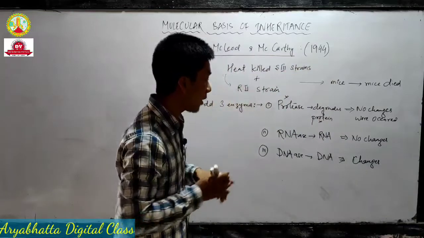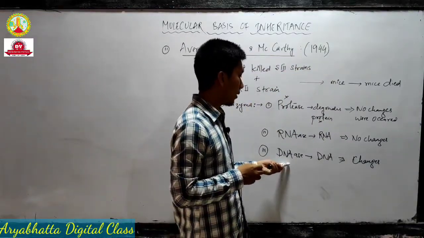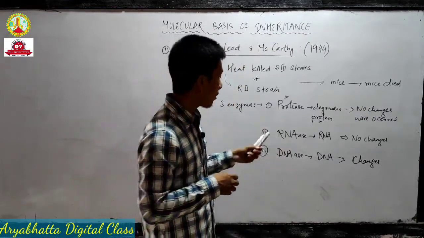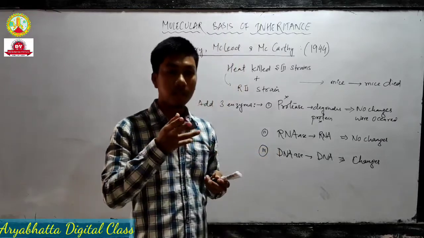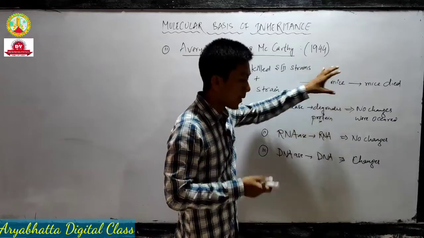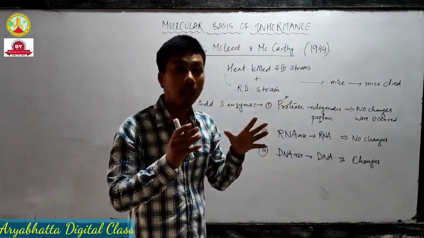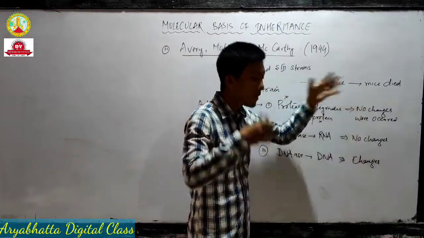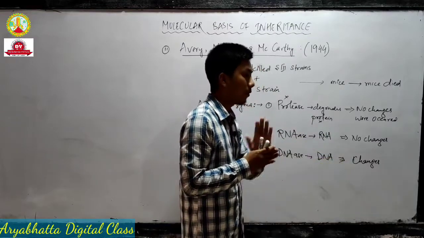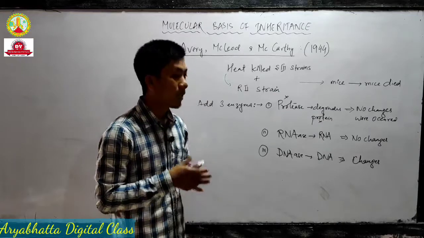When they injected the DNase enzyme, it degraded the DNA and broke down the DNA molecule. So ultimately, the pathogenic DNA wouldn't be able to cause any disease in the living mice. So the mice lived when the DNase enzyme was injected.